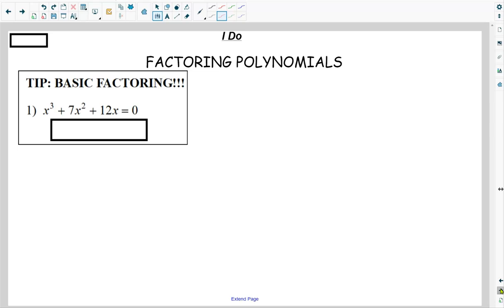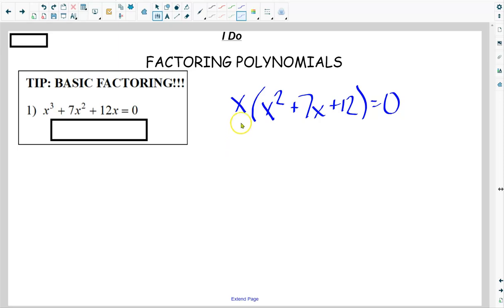And we have 3 scenarios we're going to look at with factoring. The first one is super familiar, super easy, so let's take a look and prove it. Notice that by looking at these 3 terms, all of them have at least one x. So I'm going to factor out an x, which leaves me x squared plus 7x plus 12.